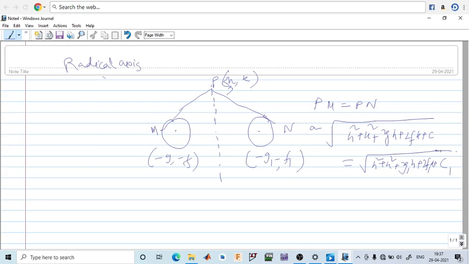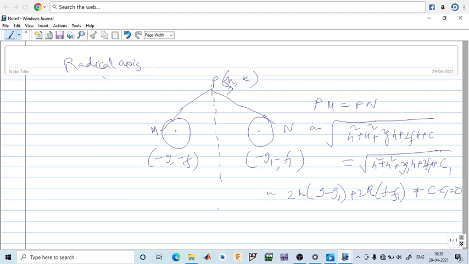So if we square both sides, h square and k square will get cancelled and we will get 2h(g minus g1) plus 2k(f minus f1) plus c minus c1 equals 0.